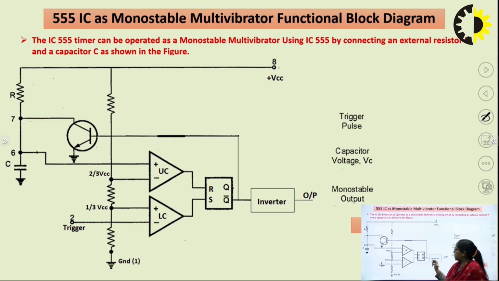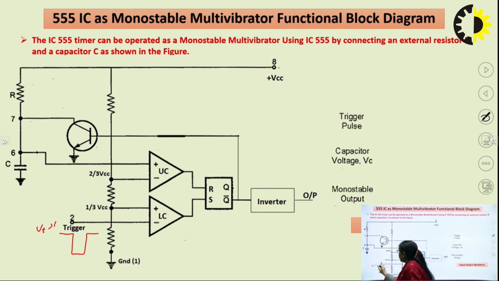So to switch the output state, we have to trigger the circuit, and the triggering will be applied at pin number 2. So let us consider that initially, when we have not applied any triggering pulse, the positive magnitude of this triggering pulse Vt is much greater than 1/3 of Vcc.